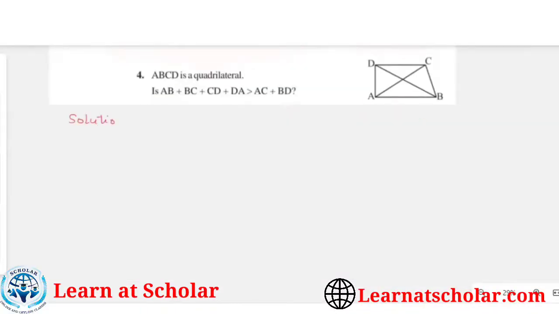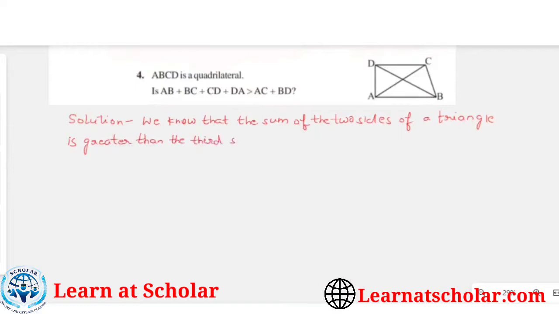Fourth question, ABCD is a quadrilateral. Is AB plus BC plus CD plus DA greater than AC plus BD? Let's find out. We know that the sum of the two sides of a triangle is greater than the third side. Now consider the triangle ABC, this one.